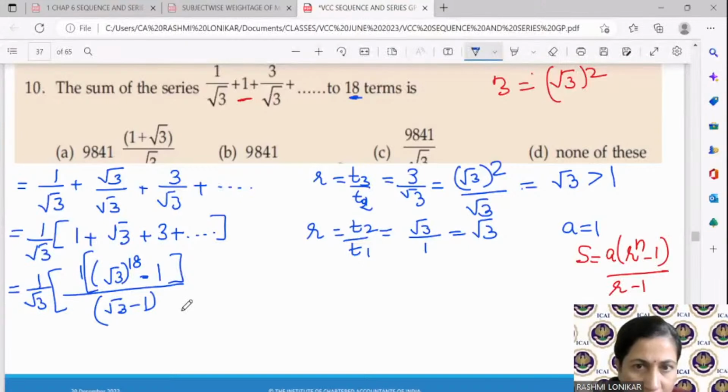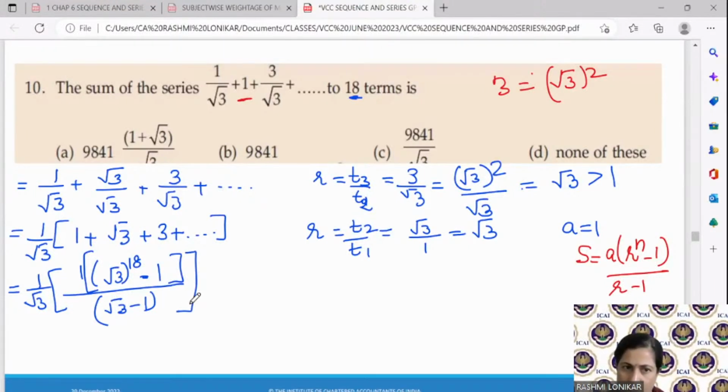Okay. Now, the most important part. I can simplify this and find out root 3 raised to 18 and solve it. But the problem is that here things are given in this terms: 1 plus root 3 upon root 3.